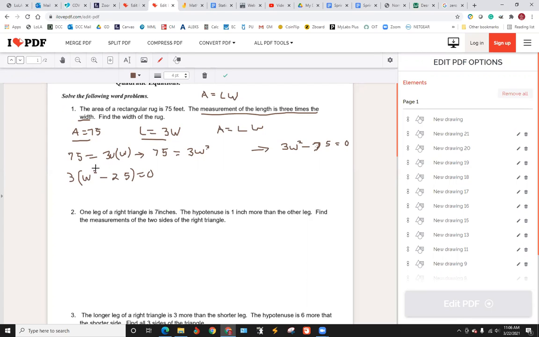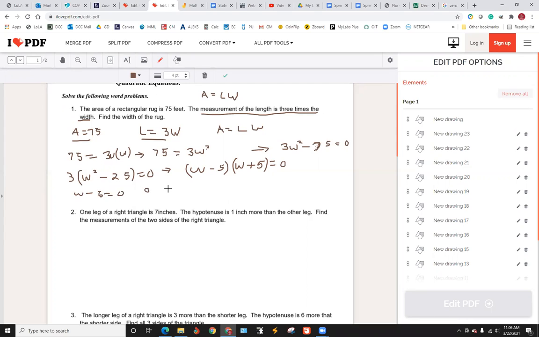So what we're going to do is factor this part as W minus 5. So that means W minus 5 is equal to 0.